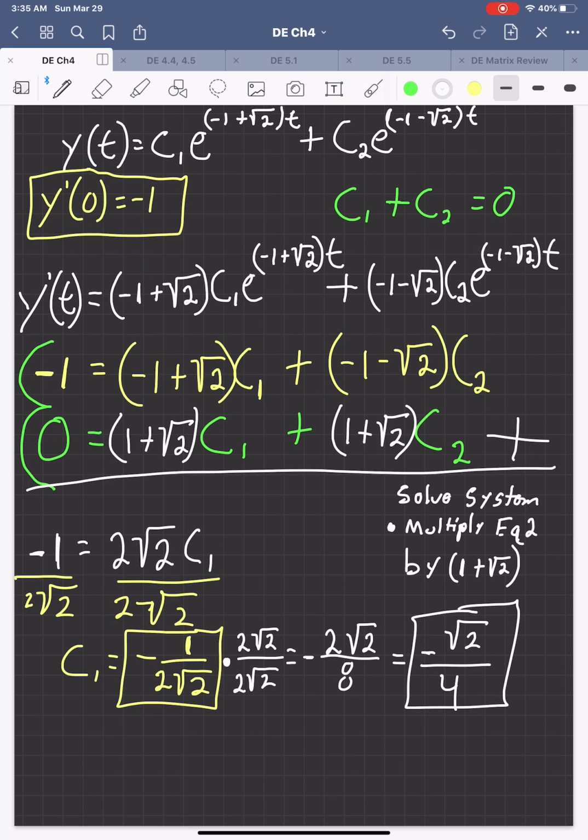So at this stage, I'm going to go ahead and get us to the answer. You now know what C sub 1 is. You can plug C sub 1 back in to one of the equations above it to solve for C sub 2. And you would find that C sub 2 is going to be equal to, you guessed it, positive square root of 2 over 4.